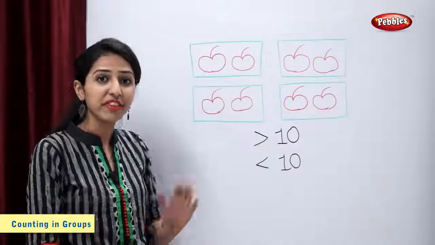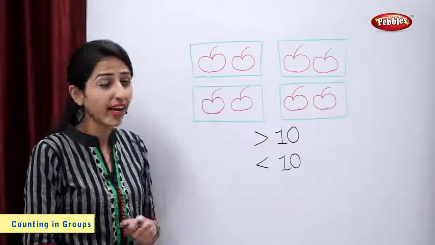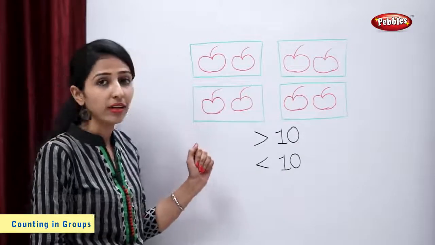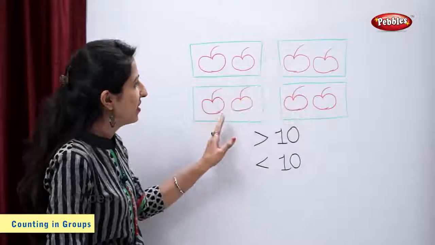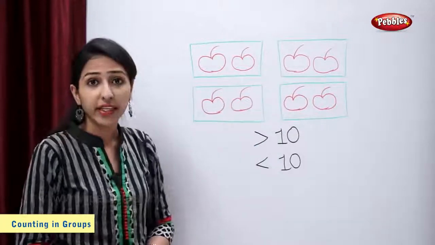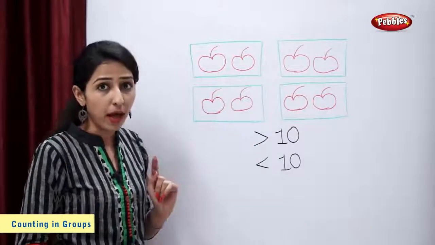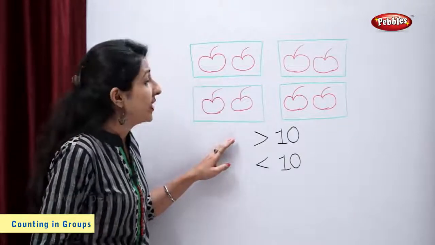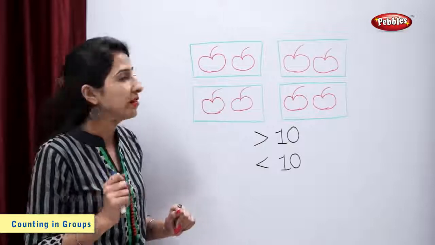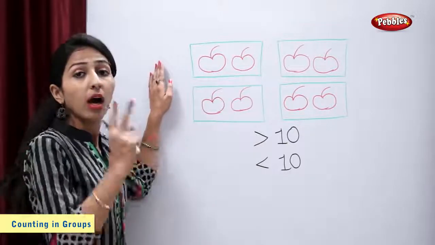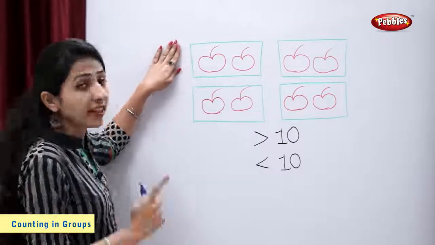Now let us solve this example. There are some apples on the board. These apples are arranged in pairs. Let us find out whether total number of apples is more than 10 or less than 10. Let's count. There are 2 pairs in the first row.